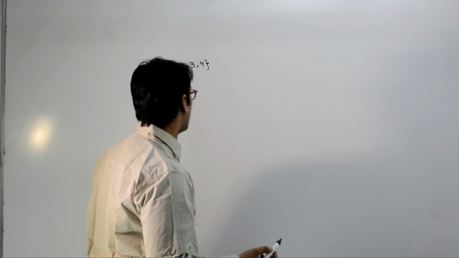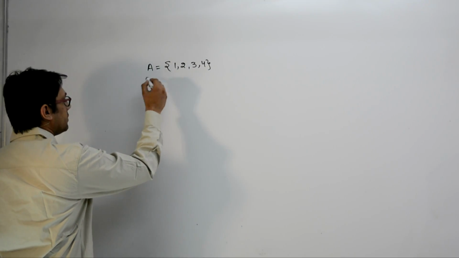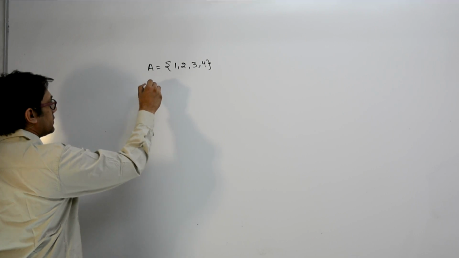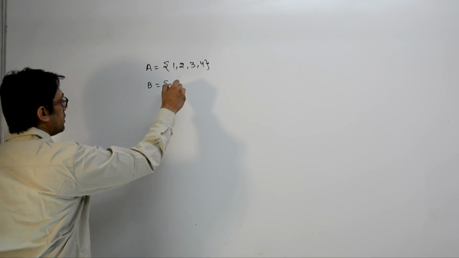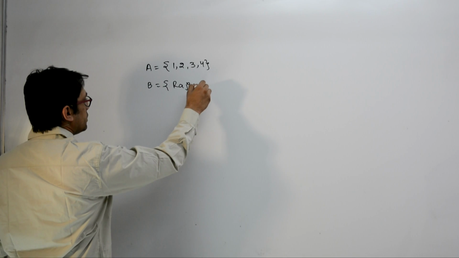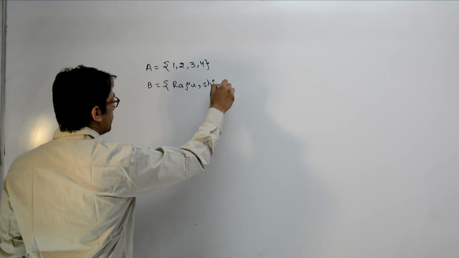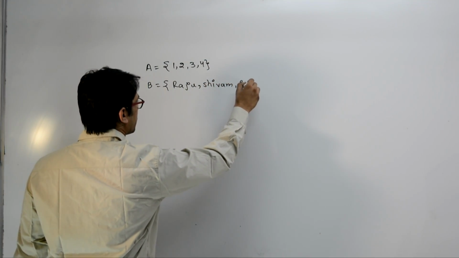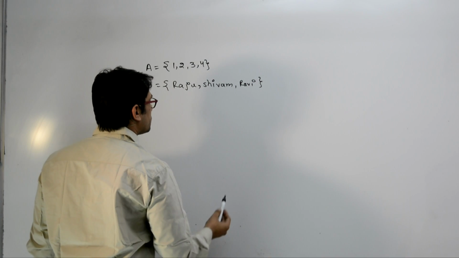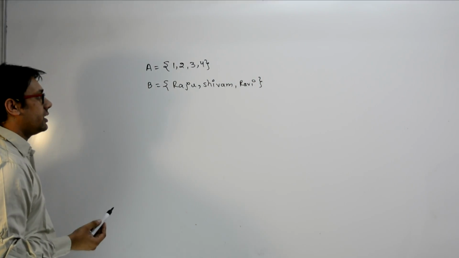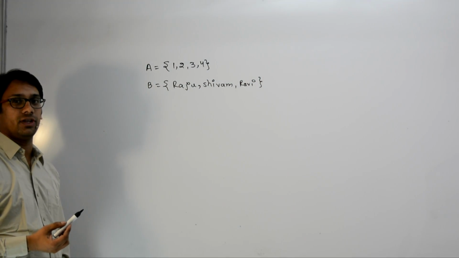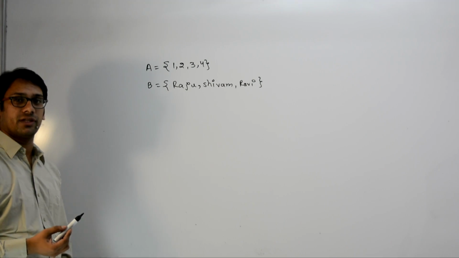In the same way, I can denote a set with names. For example, the set B, which has Raju, Shivam, and Ravi. So this is the set B, which contains a well-defined collection of exactly 3 objects, and these 3 objects are names.